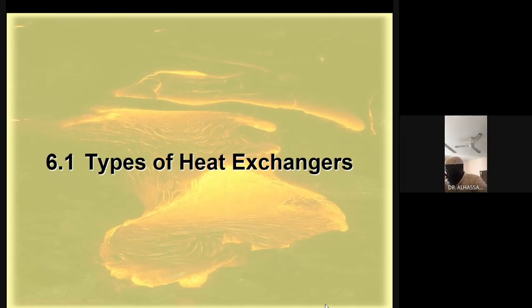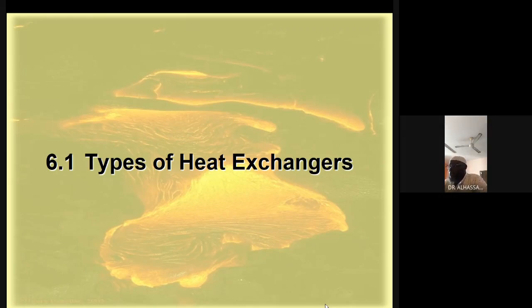Okay, last week, let us refresh our minds on what we did. We looked at the various types of heat exchangers. We mentioned parallel flow, which means that both the hot fluid and cold fluid move parallel to each other in the same direction.